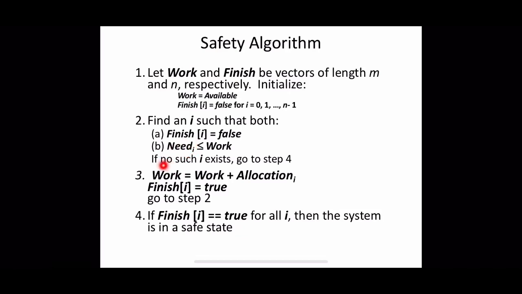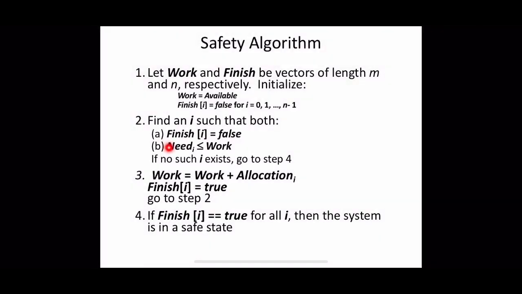Otherwise, if no such i exists, then go to step 4. We may reach this fourth step in two different scenarios. Either the first condition is false, that is, we cannot find any process for which Finish[i] is equal to false, meaning all are finished. That is a good thing, which indicates that there is no deadlock.